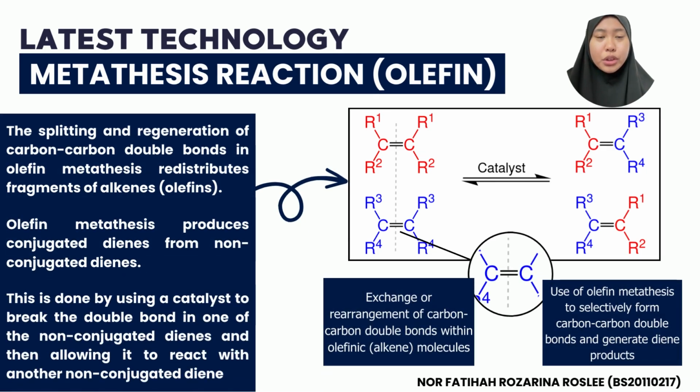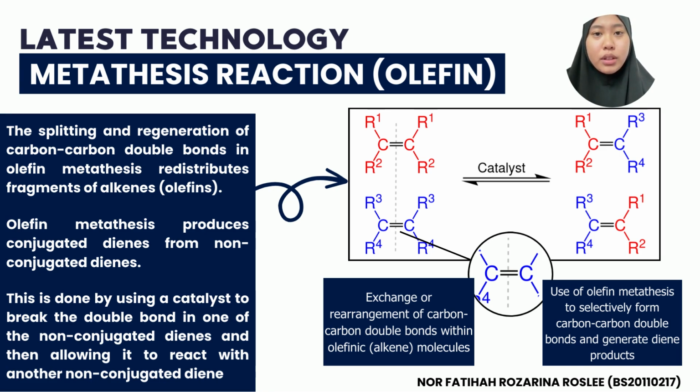The latest technology for the production of dienes is the olefin metathesis reaction. It is a technology that works by splitting and regenerating carbon-carbon double bonds in olefins, redistributing fragments of alkenes. Olefin metathesis produces conjugated dienes from non-conjugated dienes. This is done by using a catalyst to break the double bond in one of the non-conjugated dienes and then allowing it to react with another non-conjugated diene.